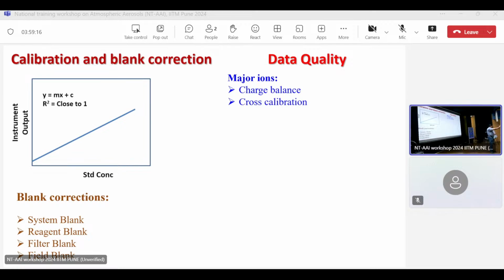One is we buy some salts, say ammonium sulfate, sodium chloride, etc. We weigh a certain amount in a volumetric flask and make it ourselves. Then there are some commercially available standards. Whenever they are selling, they have to certify the concentration. Now I have bought a standard from Merck or somewhere.